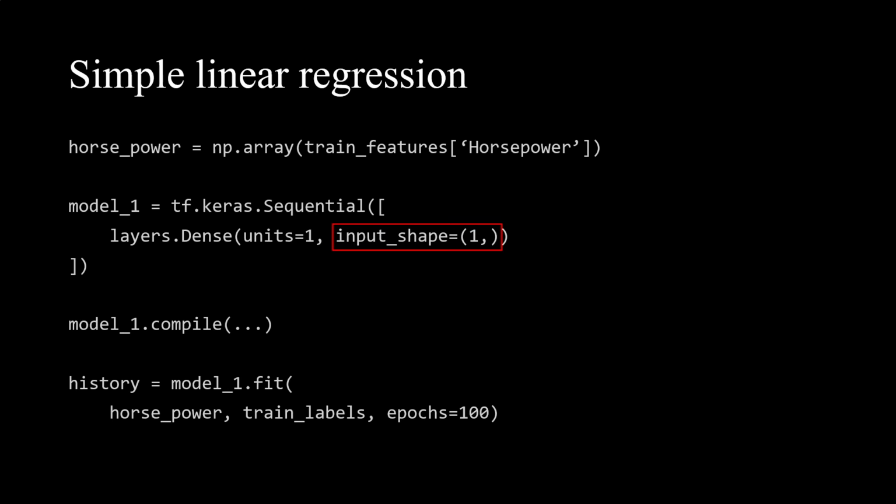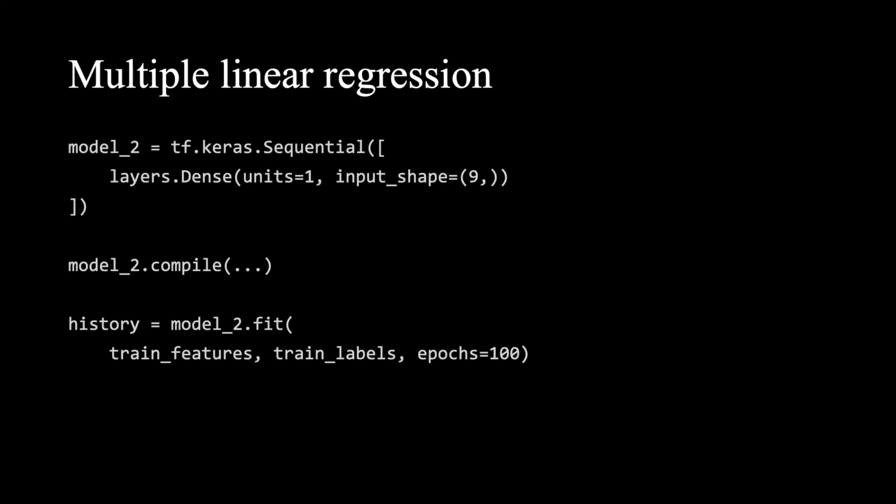This is not a mistake, it's a tuple notation. All TensorFlow models need to know the input shape from the beginning, and the simplest way to handle this is to specify it explicitly in the first layer, saying that the input shape is something. To compare, let's move on to the second model. The usual name of this model is multiple linear regression.